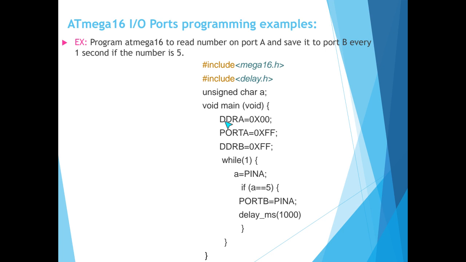Now we want to configure it as input only. For configuring it as input in the DDR register, we write all the bits equal to 0. You see that I write 00 in binary, meaning 8 zeros.